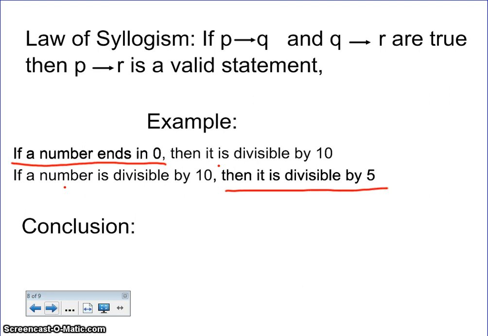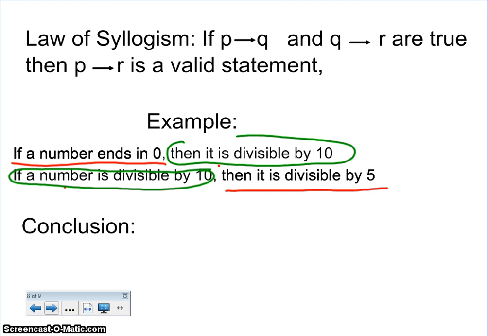Since the beginning of your second statement matches the end of your first statement, it connects the very beginning to the very end. So your conclusion would be, if a number ends in 0, then it's divisible by 5. And this is the law of syllogism.